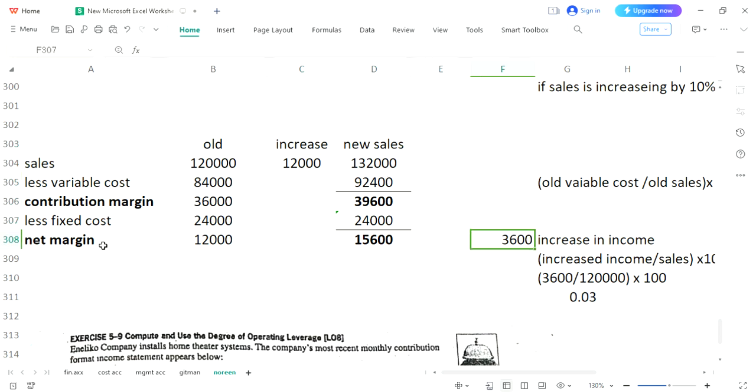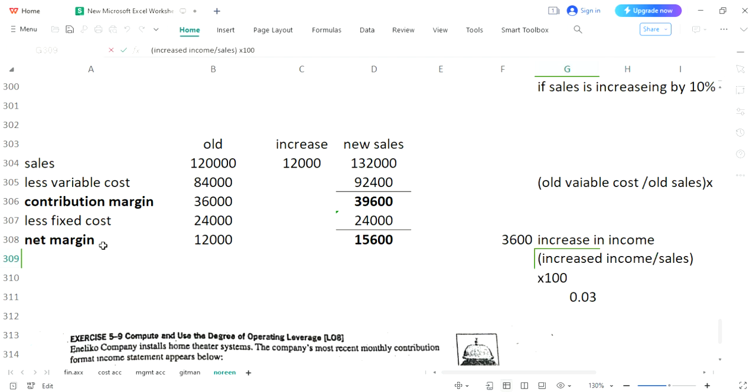Okay. So here we are looking at our formula. You will have to see increase in sale. Let's put this formula. So increase in sale we have mentioned over here is 12,000.